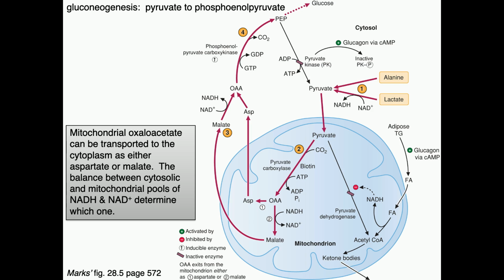So malate then can leave the mitochondria through a different shuttle system, the malate aspartate shuttle, remember that one? So the malate can leave the mitochondria and be reconverted into oxaloacetate, again by a cytosolic isoform of the malate dehydrogenase that's in the mitochondria.